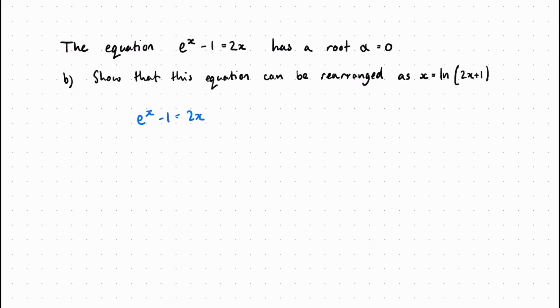If you look at this final solution you try to get to, that minus 1 is now plus 1, so it's kind of obvious that that is what we need to do first. So we're going to do 2x plus 1. And then, how do you get rid of e to the power x? Well, to get rid of the e, you take natural logs of both sides, which leaves you with x on the left and natural log of 2x plus 1. So a fairly basic rearrangement.